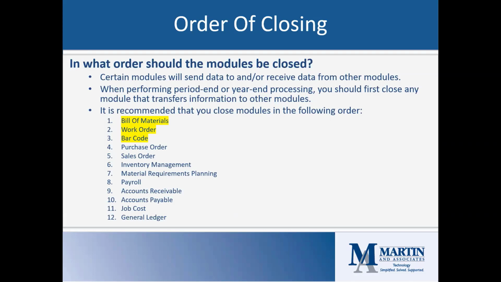That's also why purchase order is above accounts payable, because data from PO flows down to accounts payable, and the same goes for why sales order is ahead of accounts receivable, because data from the sales order module flows down into accounts receivable, and so on and so forth. And then you close general ledger last because all the modules affect general ledger, since all the data flows down into the general ledger module for your financial reports.